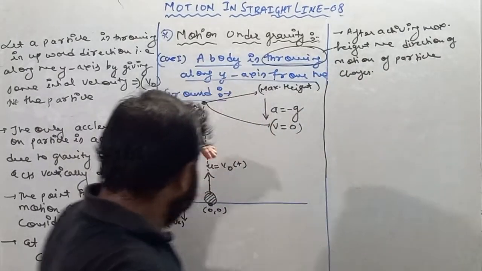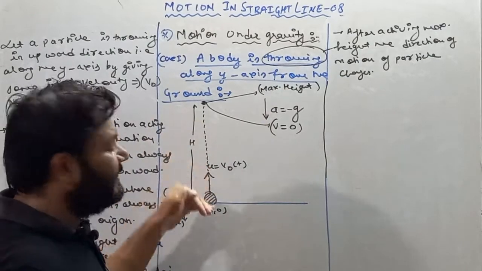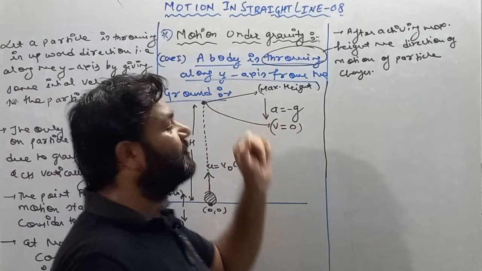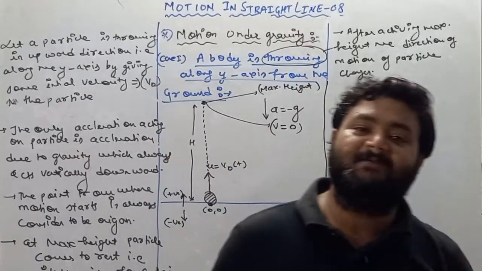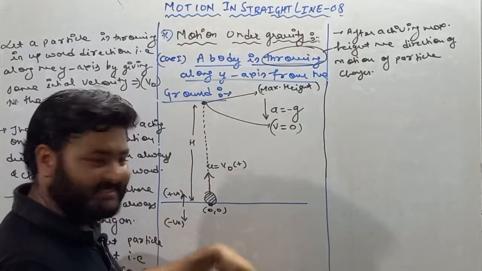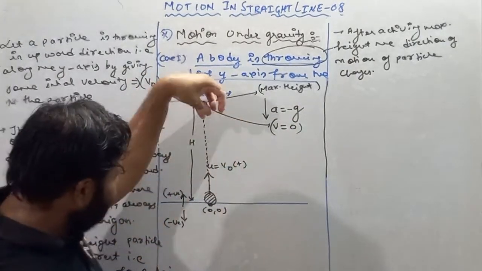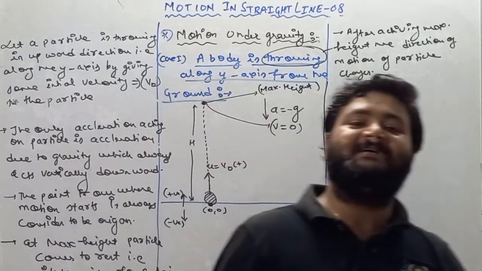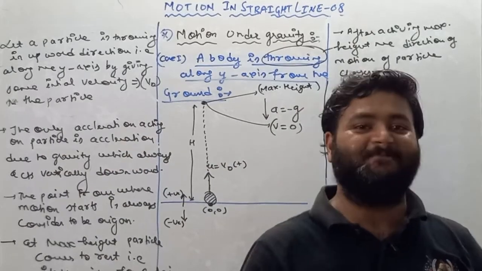That's why continuously the speed of the particle is decreasing, and at a certain height which is called maximum height its velocity comes to be 0. Then the particle is moving in the downward direction. In this situation, when the particle is moving in the downward direction, its direction of velocity and acceleration is the same.